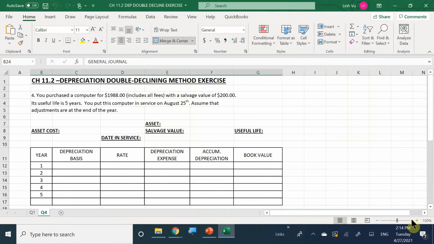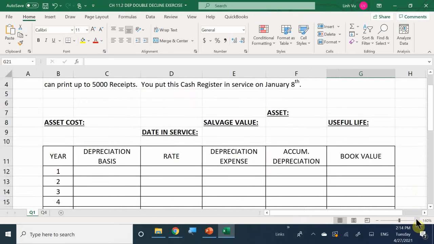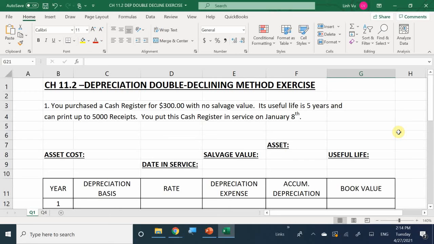Nope. All right, so once again, let's go ahead and take a look at our example here that we have for the class. Okay, so 11.2 depreciation method, double declining, exercises, question number 1.